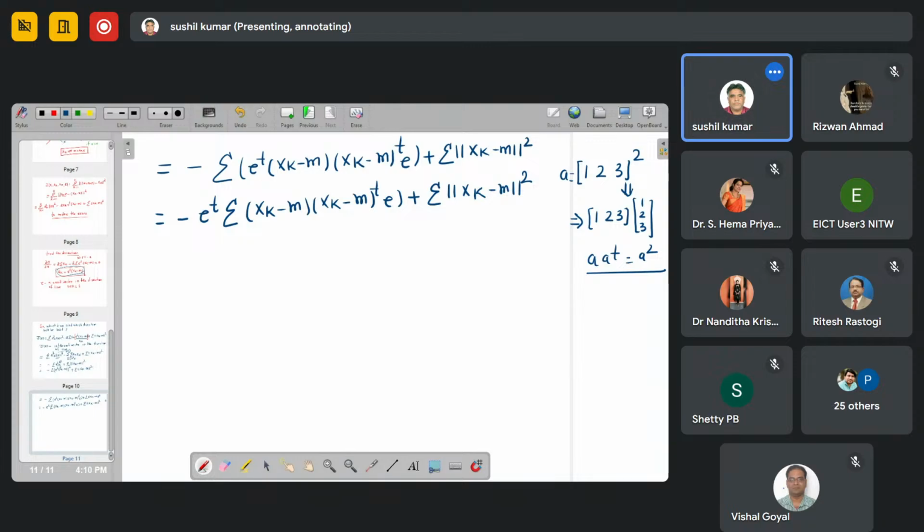E is independent of k, because it is a direction, and k indexes the feature vectors, the number of feature vectors.